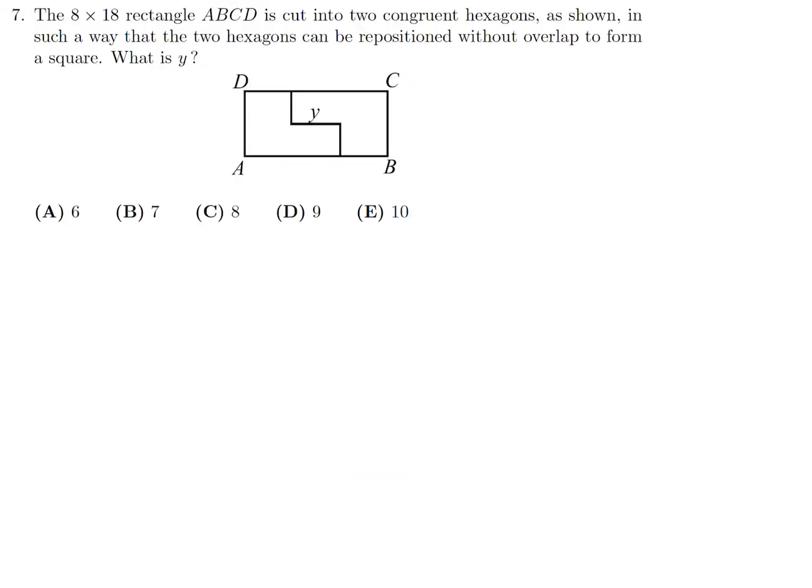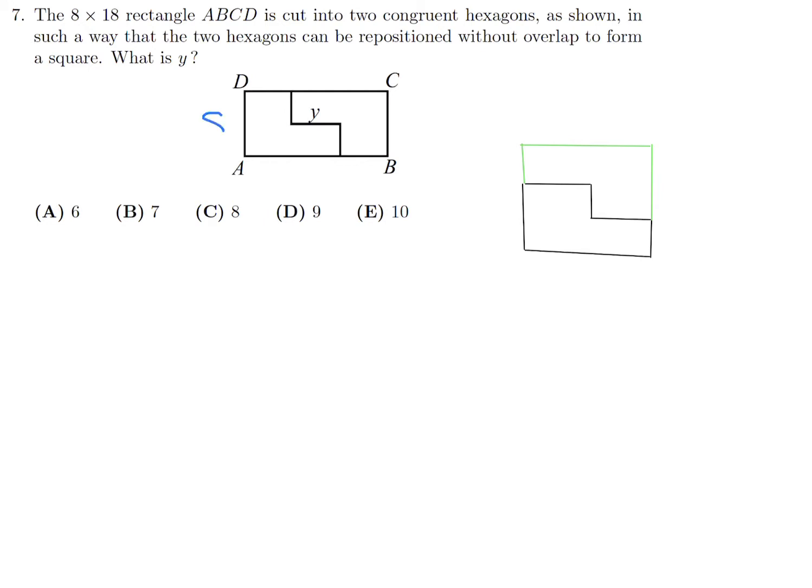The 8 by 18 rectangle ABCD is cut into 2 congruent hexagons as shown, in such a way that the 2 hexagons can be repositioned without overlap to form a square. What is y? So this is approximately how you can reposition them to form a square. And when you do, of course, like all squares, the sides have to have equal length.